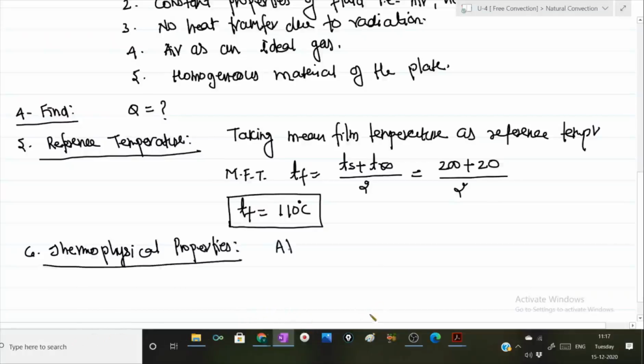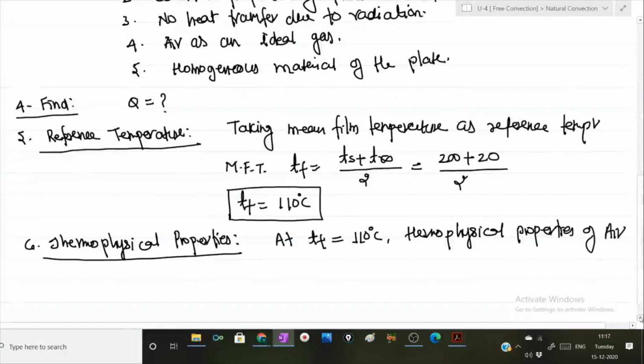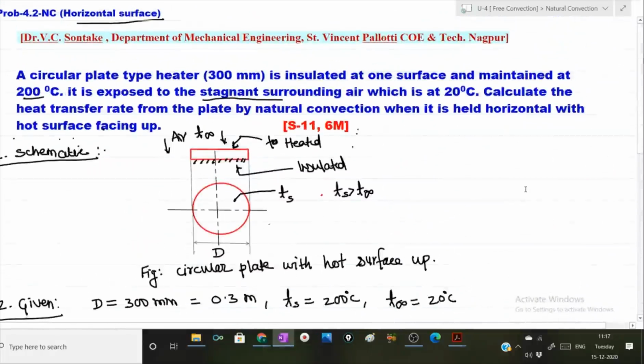So at reference temperature of 110 degrees Celsius, thermophysical properties of air. Okay. Now we have not been given the thermophysical properties of air in this problem, as you can see in the problem statement.